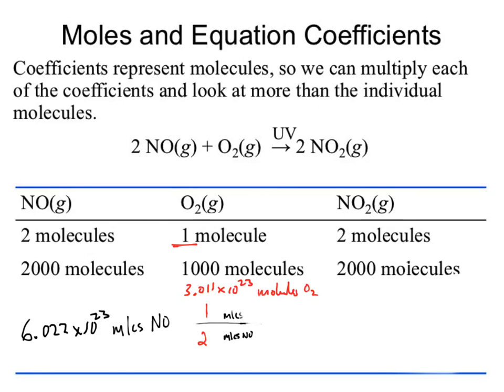Well, now it's not O2 on top. I want NO2. 2 on top, which means my answer is 6.022 times 10 to the 23rd molecules of NO2. Okay? That number is now so large, I can't manipulate that number very well.